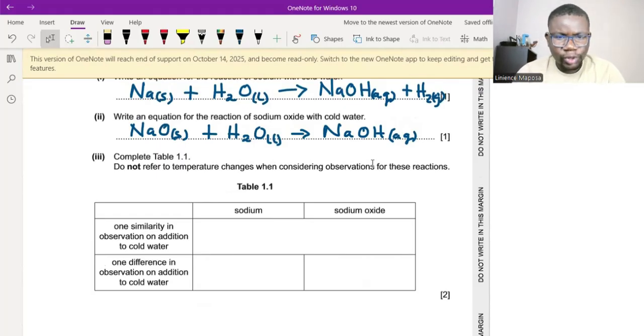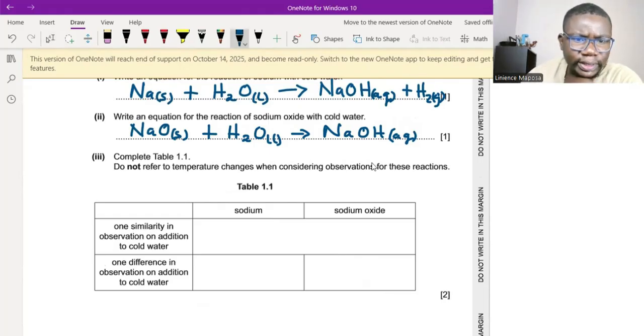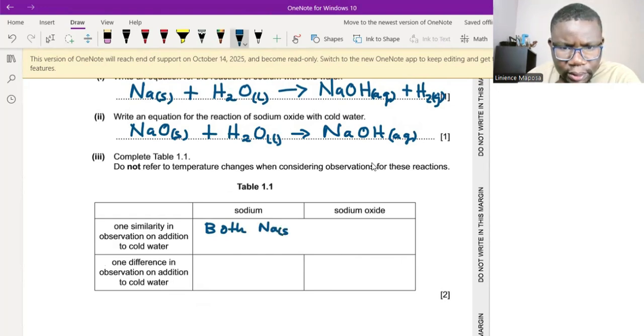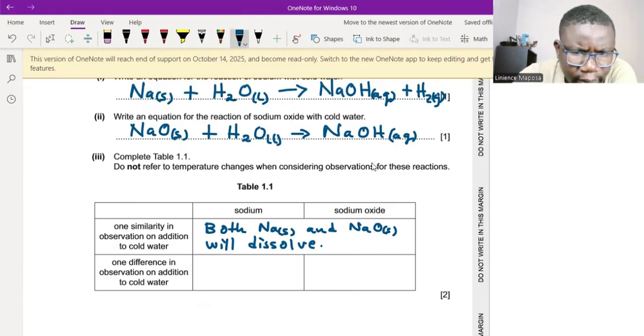But is this something that you're going to observe? You cannot observe it, and they didn't say carry out additional tests with the litmus paper. So what we will see is that both sodium metal and sodium oxide will dissolve in cold water to form an alkaline solution. Okay, I'll just leave it like that.